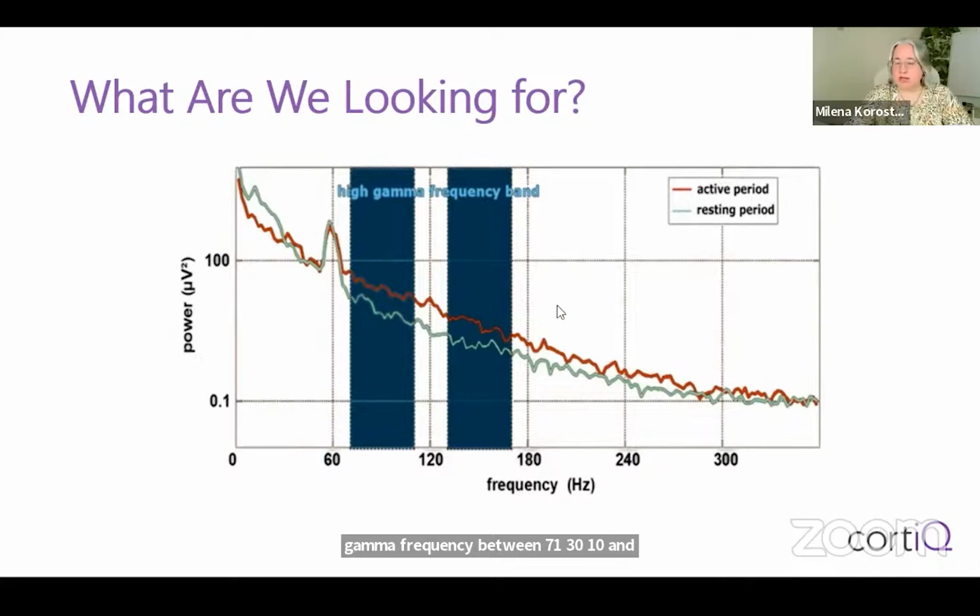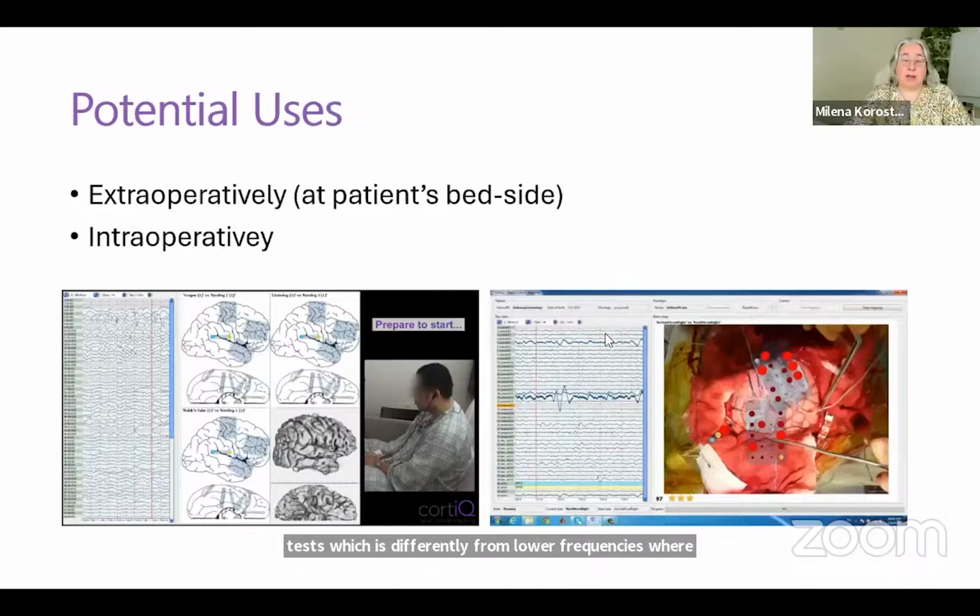We usually see an increase of high gamma power with an active task, when the person is actively engaged in a certain task, which is different from lower frequencies, where there might actually be a decrease of that power. The potential uses are both extraoperative and intraoperative. We focused mostly on the extraoperative approach.